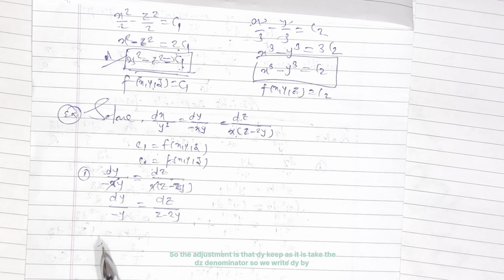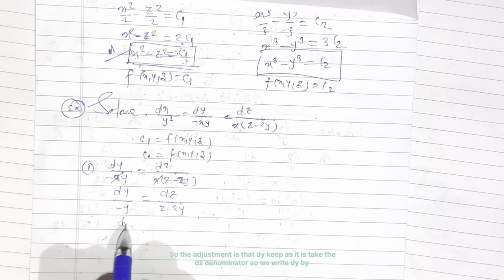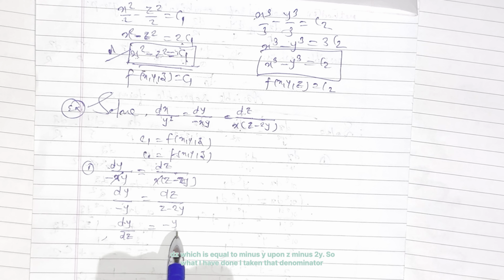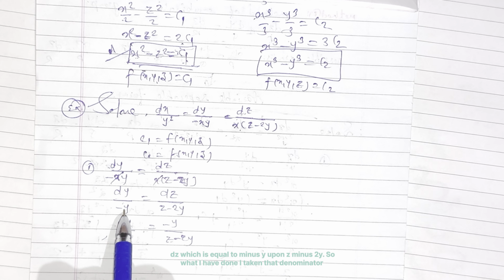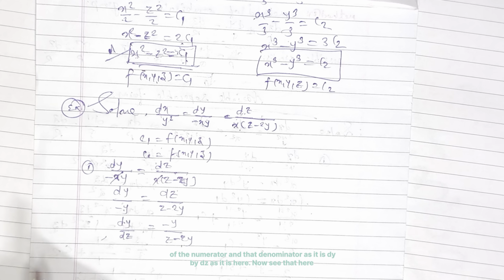The adjustment is that dy is kept as it is, take the dz to the denominator, so we write dy by dz, which is equal to minus y upon z minus 2y. I have taken that denominator to the numerator, and dy by dz is as it is here.